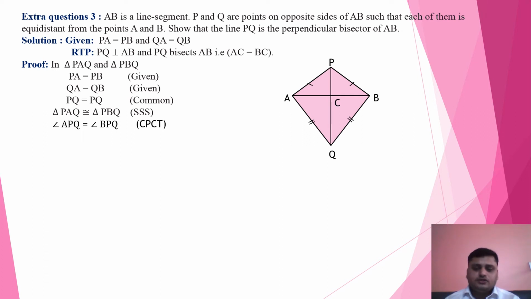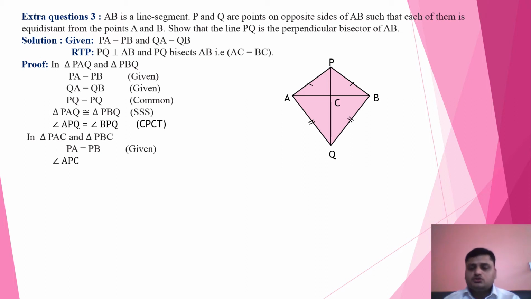After this, you can see this one here. In this way, we can say that now we will take another triangle, that is triangle PAC and triangle PBC. Now in these two triangles, again we are going to prove these two triangles congruent.